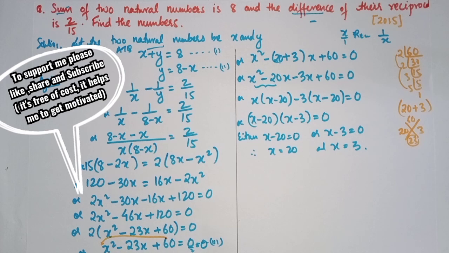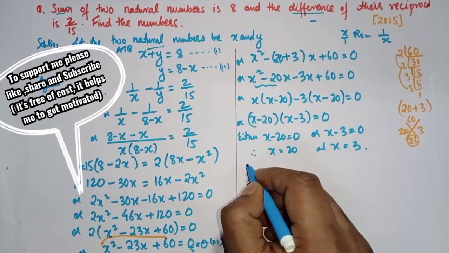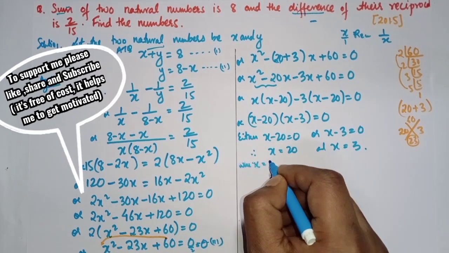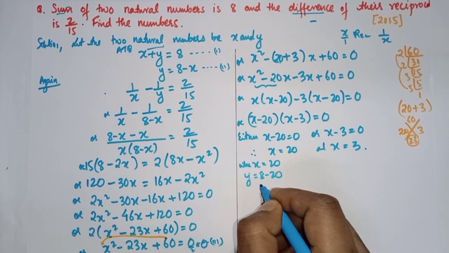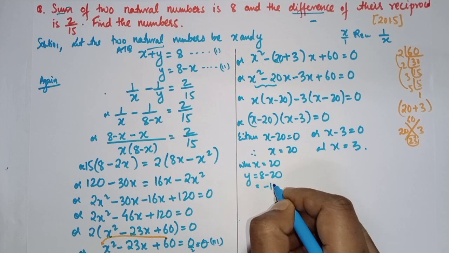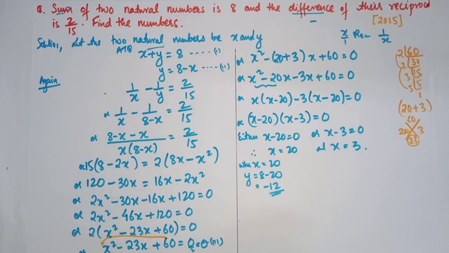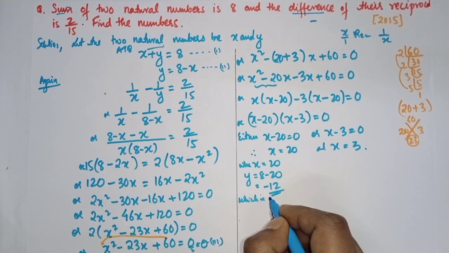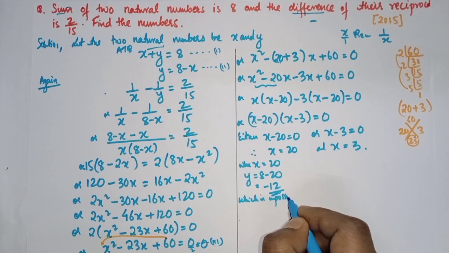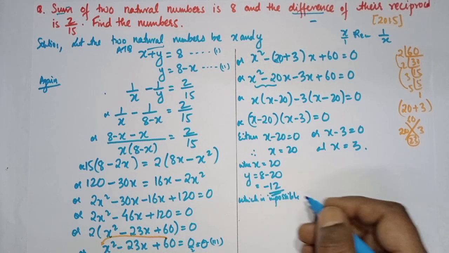Now it's a natural number. So if you see here, when x equals 20, what is y? Y is 8 minus 20. So 8 minus 20 is minus 12. This I can't take because it's a natural number. So y I am getting negative, which is impossible, or you can say inadmissible. We can take that.